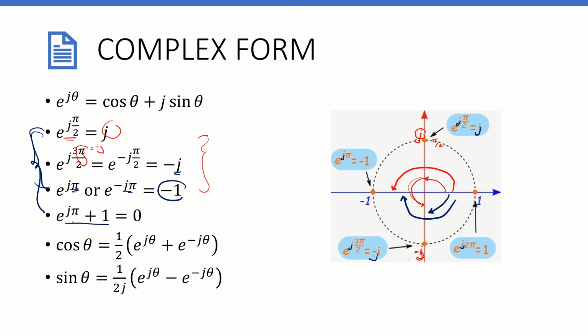And same goes for this: e^(j pi) is going to be minus 1, therefore if you add 1, it becomes 0. So instead of remembering this, please be familiar with this graph, so in your exam you can draw this by yourself. You don't have to memorize, but if you understand, you can draw it yourself.